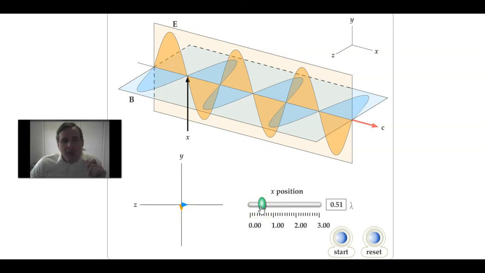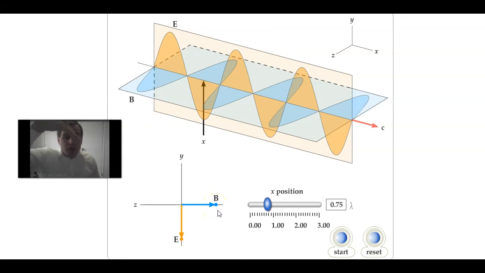Notice as you move from half a wavelength to the location of 3/4 of a wavelength, that's 0.75, the electric field and magnetic field are growing in magnitude again, but notice that they're both in the opposite direction of what they were in that first lobe. So the electric field's down the y-axis, the magnetic field is in the negative z direction.